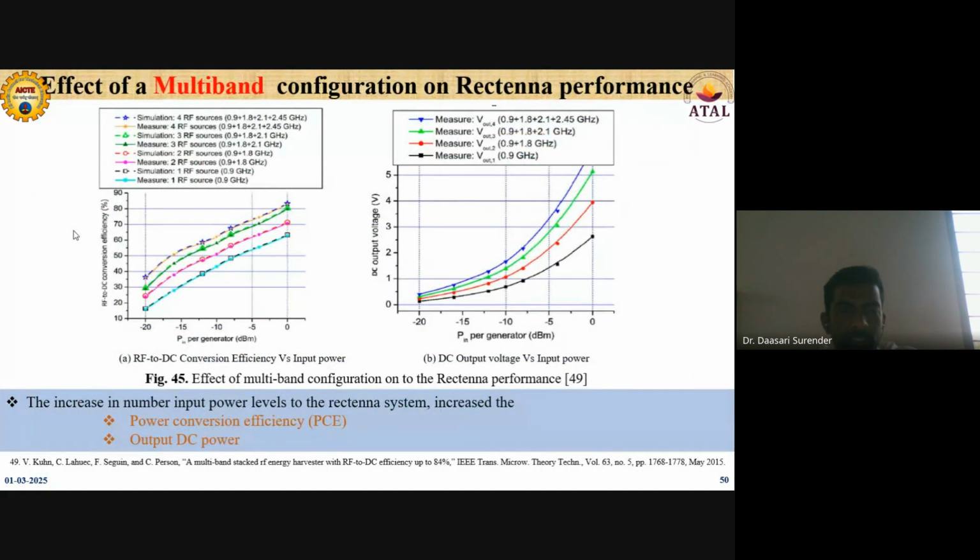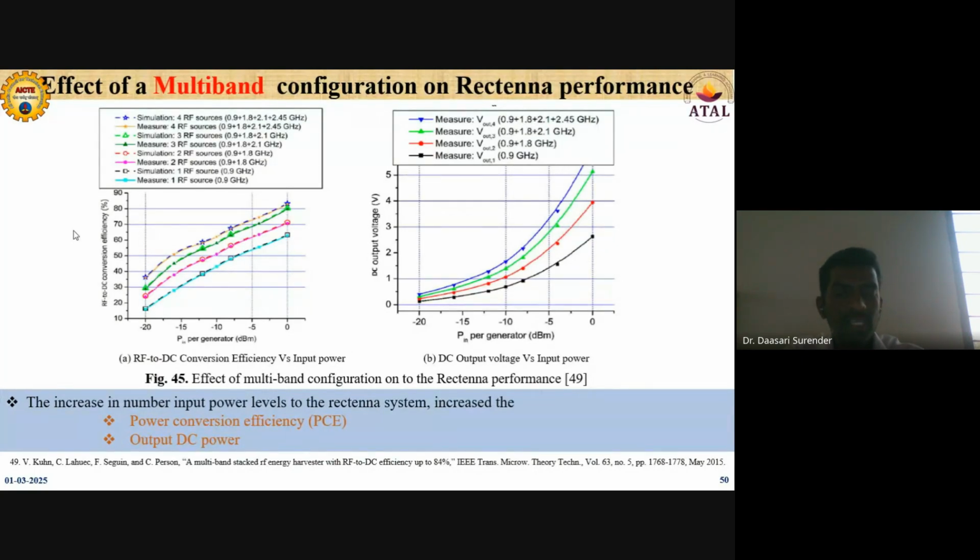And here, the effect of a multiband configuration on rectenna performance. The significance of designing the antenna with multiband characteristics is presented in figure 45. Here we can see clearly the RF to DC power conversion efficiency and DC output power. In figure 45, when the number of sources is 1, shown with the light blue line, that is when one RF source is used at 0.9 gigahertz, the power conversion efficiency is less.